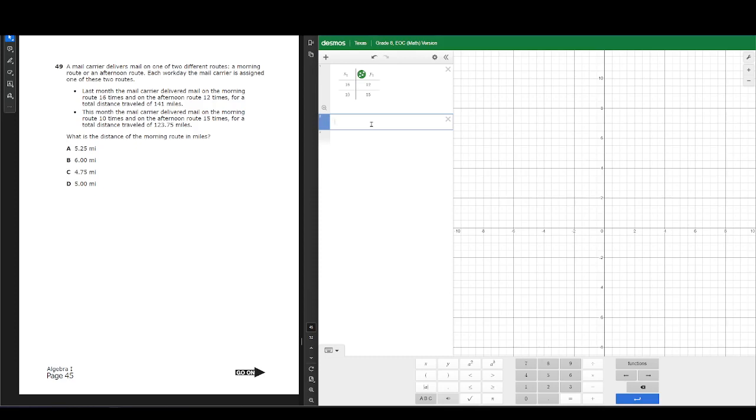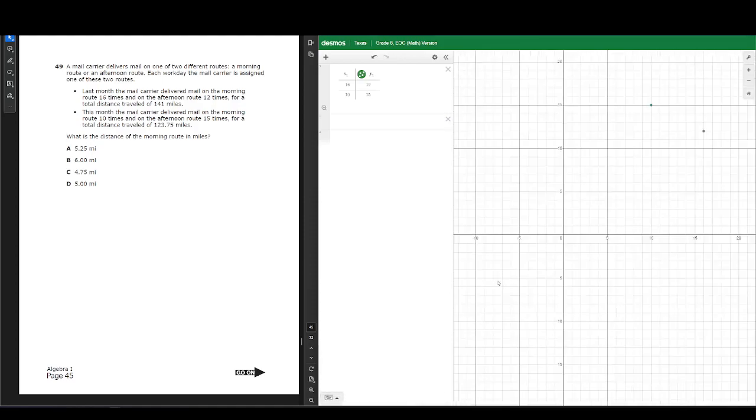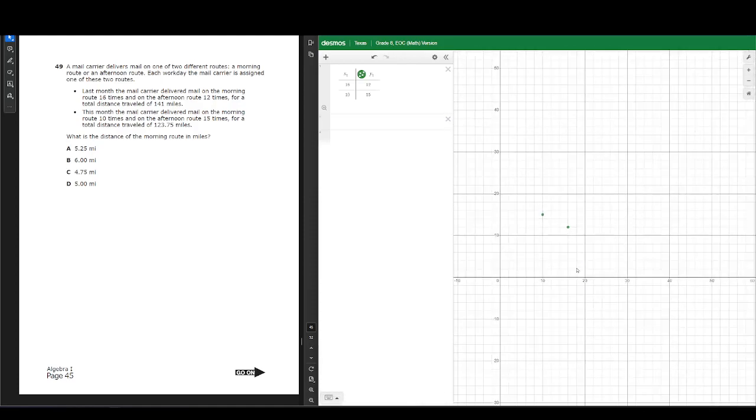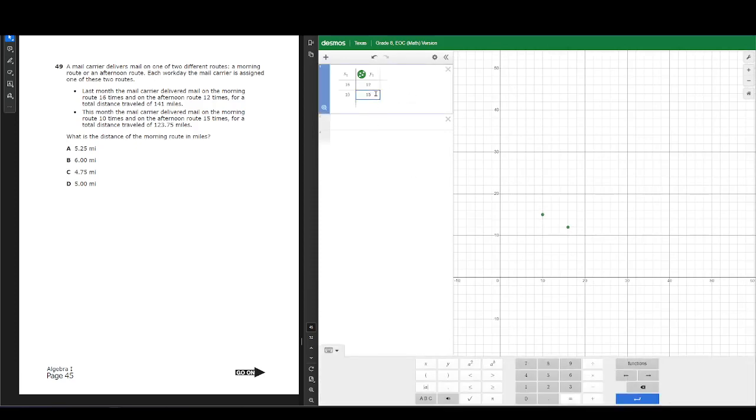So this is a system of equations. And what I was trying to see is if we could use graphing to help us with this. I think I actually would approach it slightly differently. So we would make one graph.